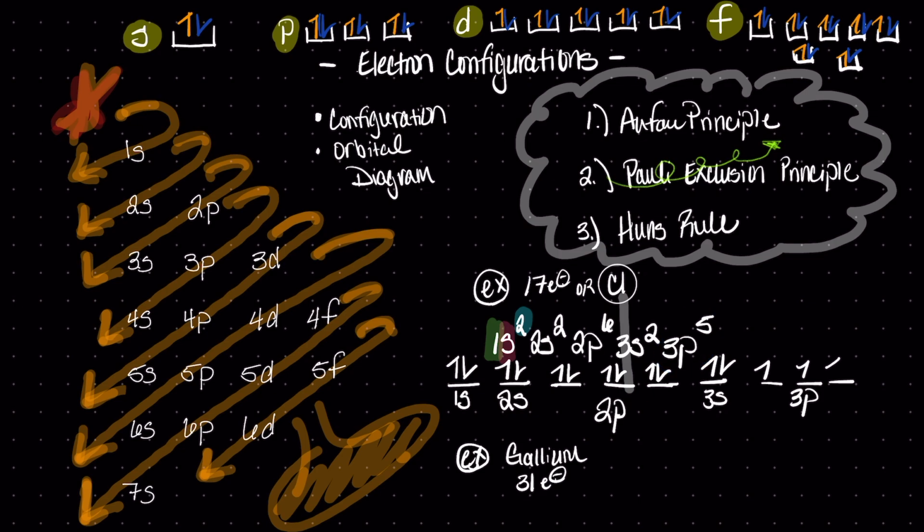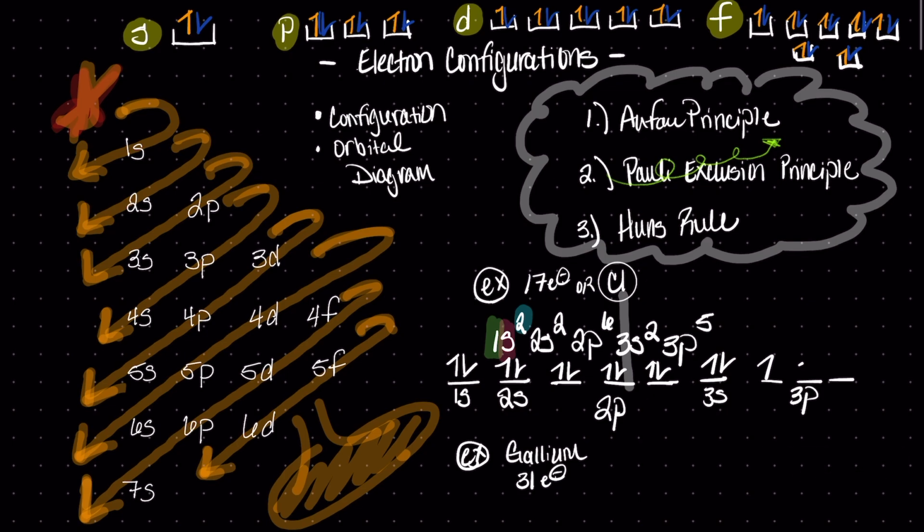There's 1, 2, 3, 4, 5. Notice how I filled it. I fill the floor, so I'm going to fill all of 3p. 1, 2, 3. Then I pair up 4 and 5. I'm limited to 5. I don't have to max it out at 6 because I only need 5 to make my 17.